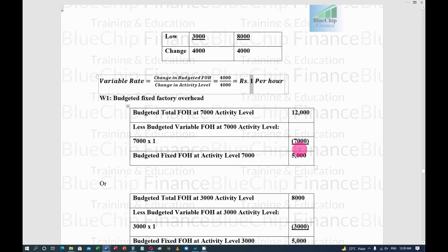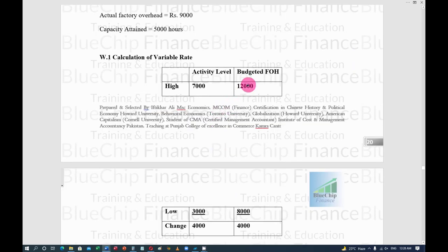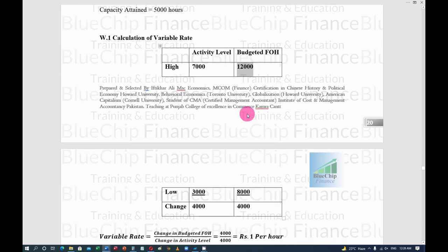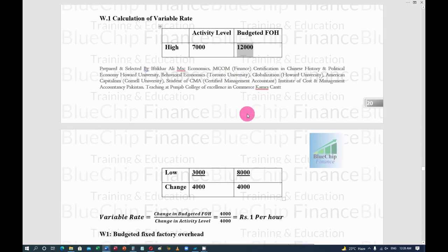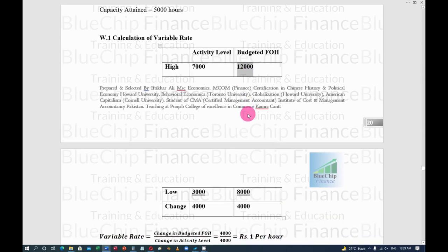Next, we need to calculate budgeted fixed factory overhead, because total budgeted FOH is given at both levels, and we need budgeted fixed FOH for the calculation of budgeted capacity.